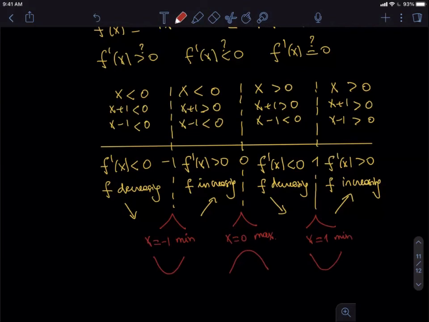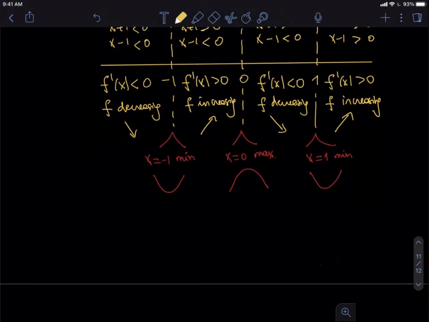Okay, so this is very important. From the sign chart, we can always figure out, just by inspection, what type of extrema we have. Okay, let me take note of what we did here.